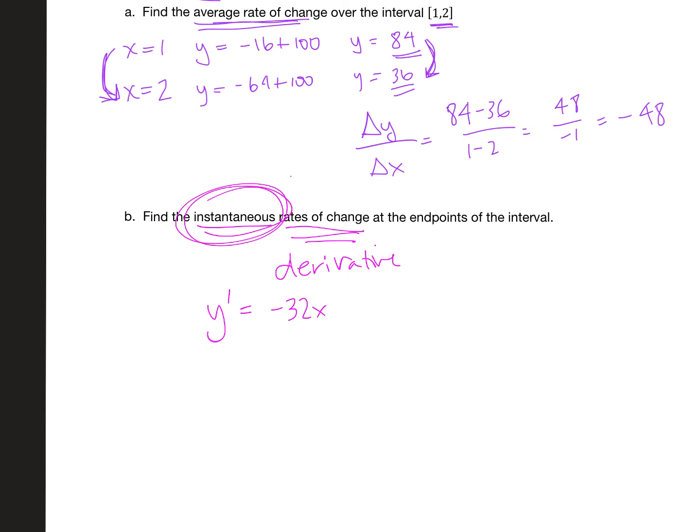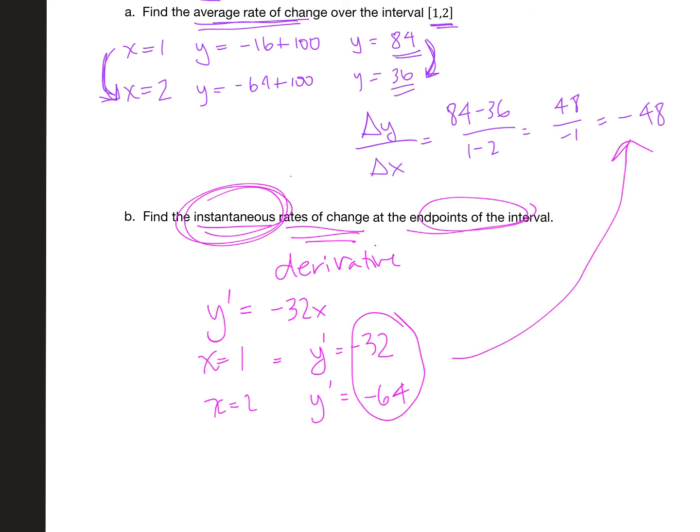So for instantaneous rates of change at the endpoints of the interval, I still have to plug in 1 and I still have to plug in 2, but this time I'm plugging into the derivative. When I plug in 1, I get negative 32, and when I plug in 2, I get negative 64. What should seem sort of interesting, or at least it's interesting to me, is that if I add these up and divide by 2, I do get the average rate of change.